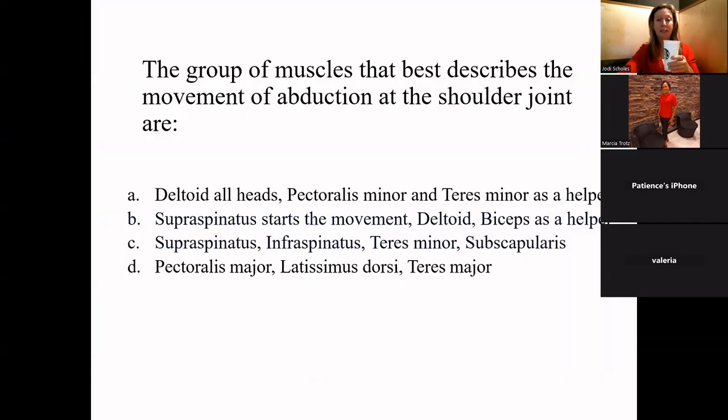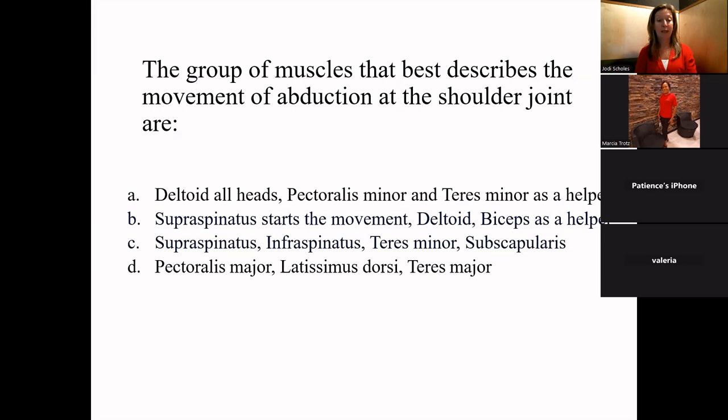The group of muscles that best describes the movement of abduction at the shoulder joint are: A, deltoid, all heads, pec minor, and teres minor as a helper. B, supraspinatus starts the movement, deltoid, biceps as a helper.